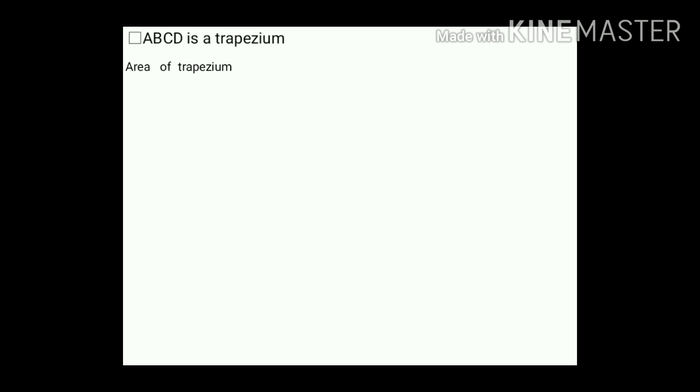Area of a trapezium equals half into the sum of the lengths of the parallel sides into the height. Okay, children, sum of the lengths of the parallel sides. Sum means we have to add the two parallel sides, into the height. Now substitute the values, children.